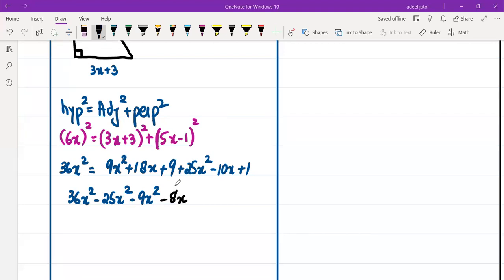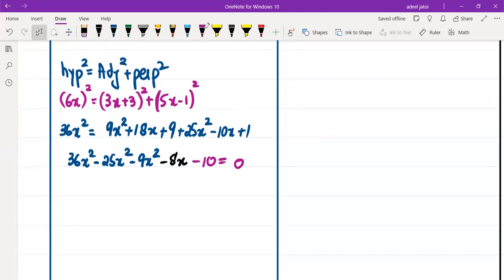Whereas if you note that we have 9 and 9 plus 1, we have 10. We have only two numbers that are constant. So this will go on the other side and become negative, that is negative 10, and the value will be equal to 0.